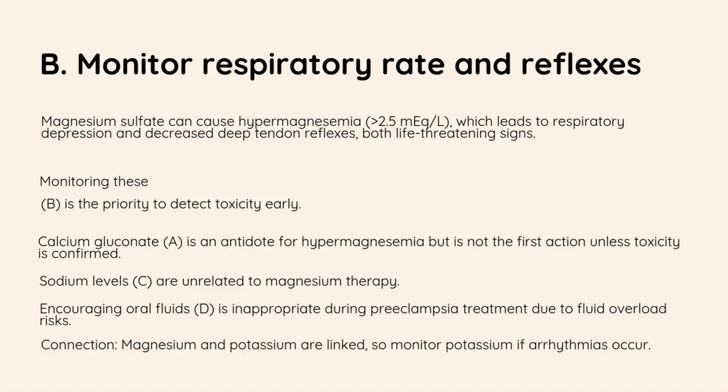Magnesium sulfate can cause hypermagnesemia, which leads to respiratory depression, as we discussed before. That's the unique sign of hypermagnesemia, and decreased deep tendon reflexes, both life-threatening signs. Monitoring these is a priority to detect toxicity early. Calcium gluconate is an antidote for hypermagnesemia, but it is not the first action unless toxicity is confirmed.